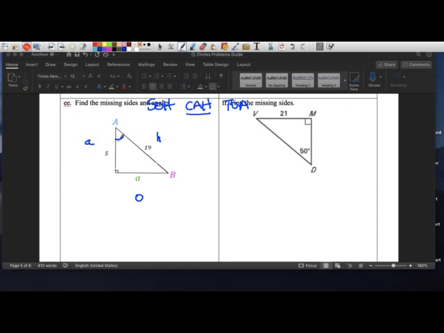So the cosine of angle A is the adjacent, which is 5, over the hypotenuse, which is 19. So let's divide 5 over 19 in that calculator. We get 0.26315, and so on. So that's the ratio of 5 to 19.